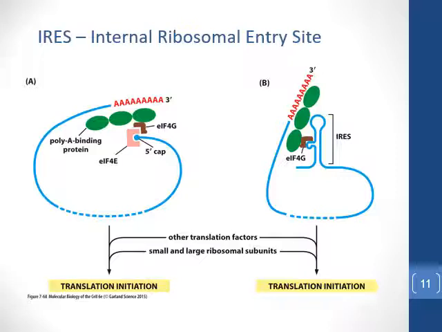Well, again, this is remarkable because here's what happens. If you take a look at the left, this shows what happens under most conditions. In other words, this shows that we've got EIF4G, EIF4E bound to the poly A binding protein, the polysome as we described earlier. Now what's not shown here is EIF2 is going to be part of this whole complex as well. But notice that this complex begins at the 5' cap and is going to move over here where we're going to have the Kozak sequence.